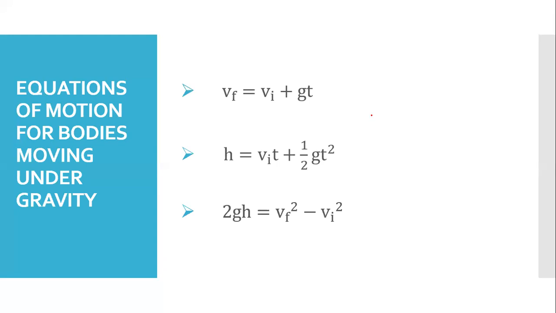You can very easily notice that for freely falling bodies, we have replaced a by g, and s, which is the distance, is replaced by h.